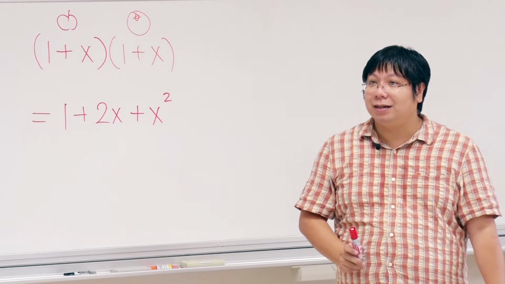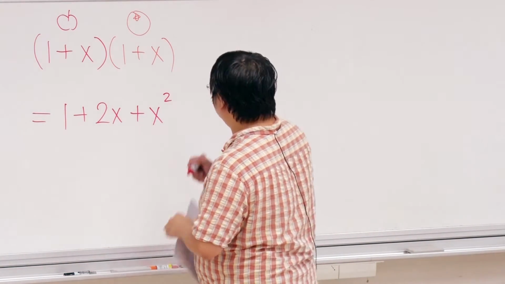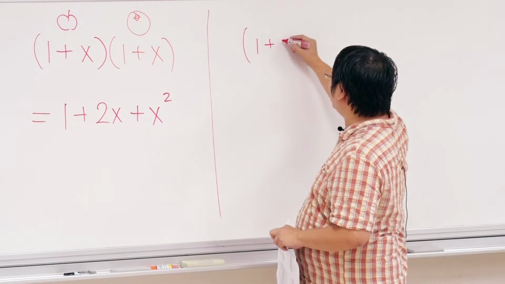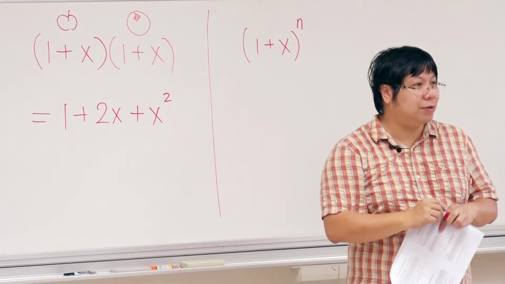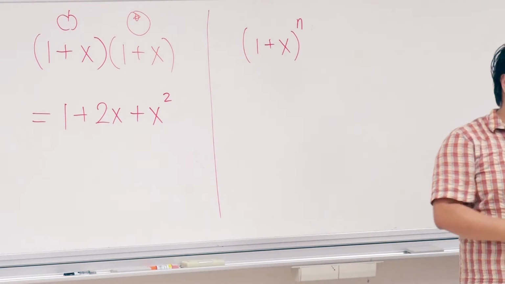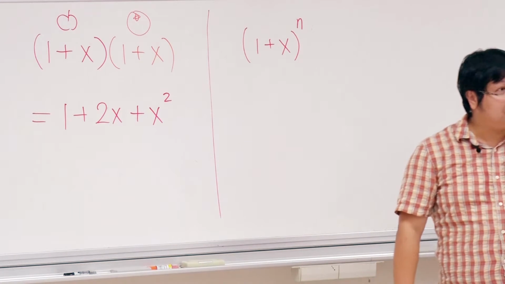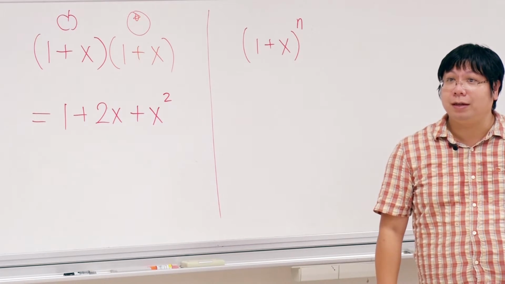Is that okay? How about 1 plus x to the power n? How should we interpret this generating function? It is going to be 1 plus x times 1 plus x times 1 plus x, and so on and so forth, right?